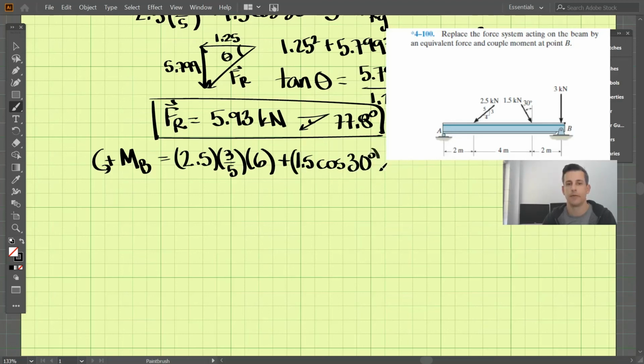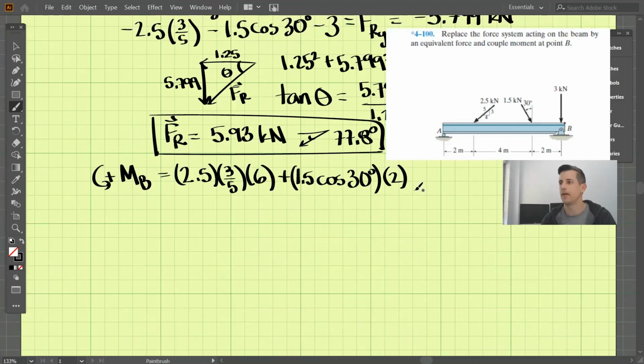We multiply that by the distance it is away from B, which is just 2. Lastly, the 3 kilonewton force is directly passing through B, so that will not create any rotation around point B, so we can leave that off.